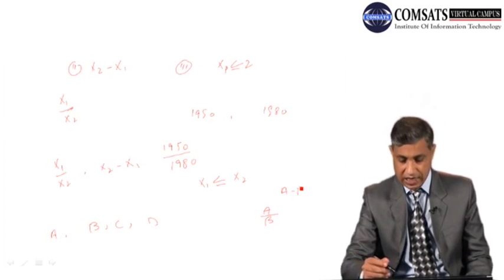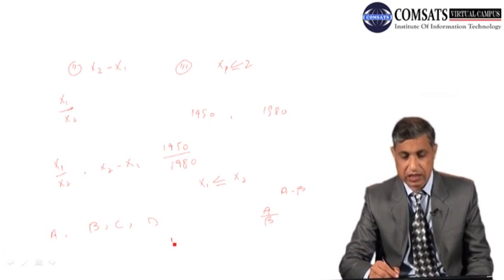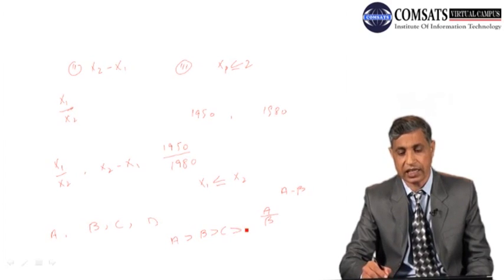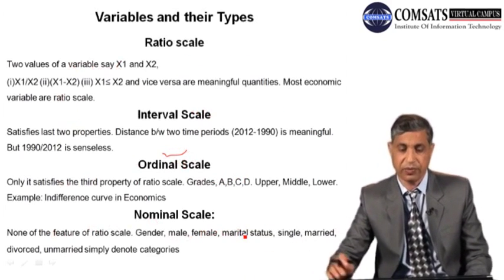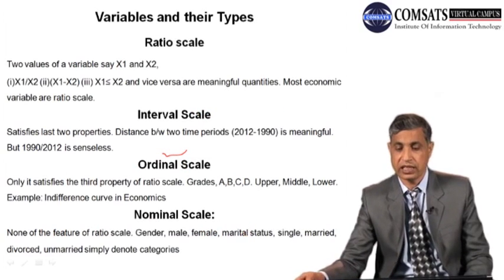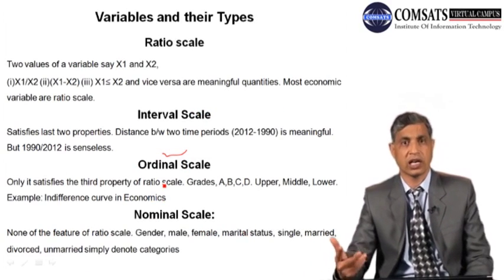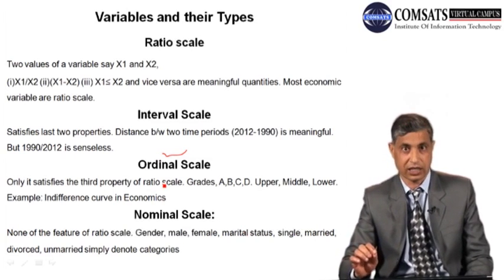And if I say that they can be ranked, you know that the A grade is better than B grade, that is better than C grade, and that is better than D grade. So this is the example of an ordinal scale variable. Another example we can give is upper, middle, lower class and so on, and it fulfills only the last condition.